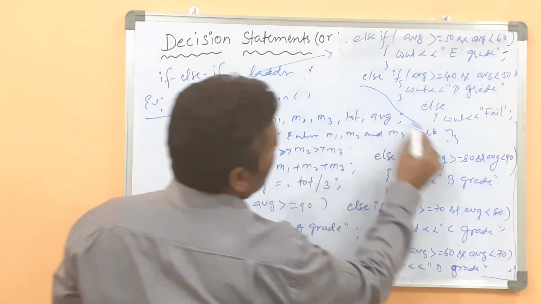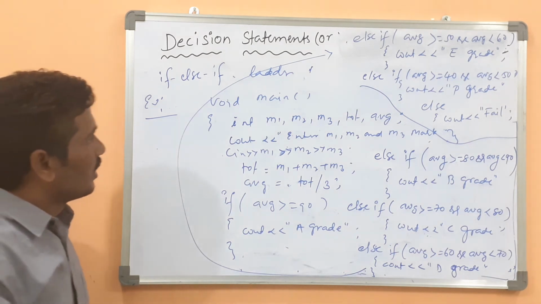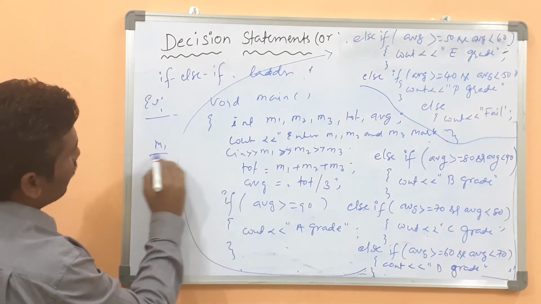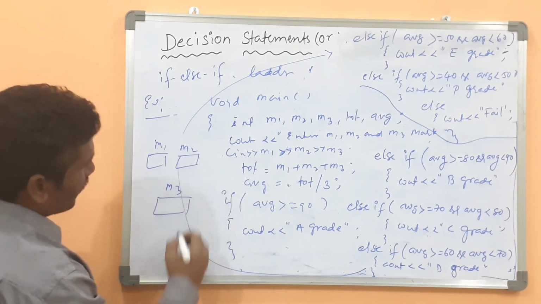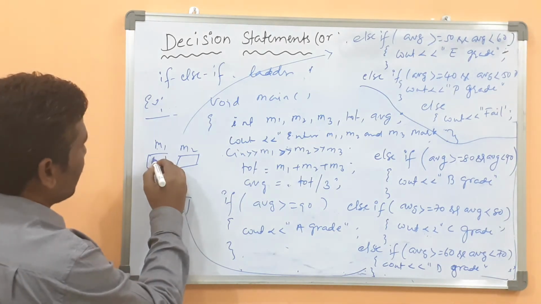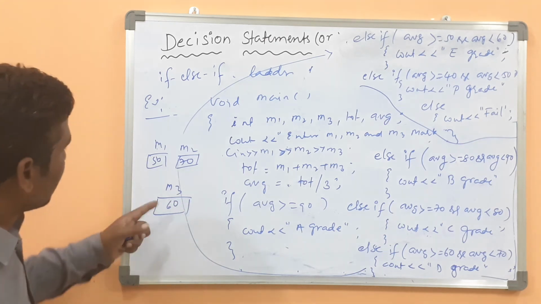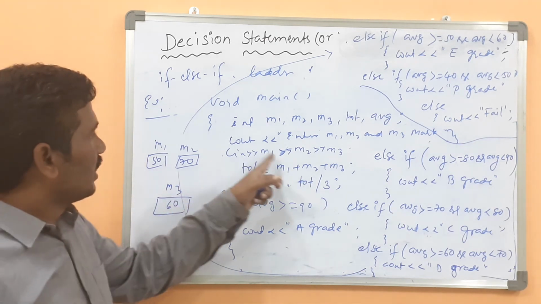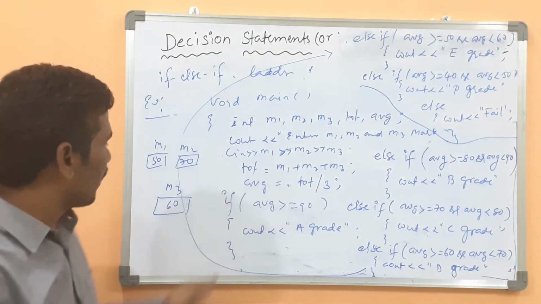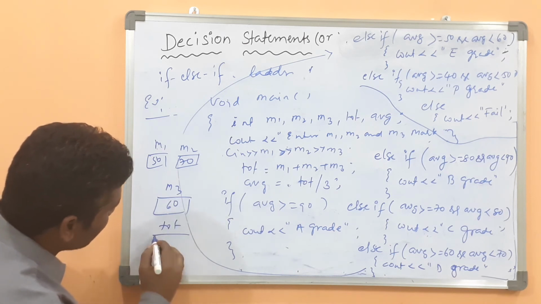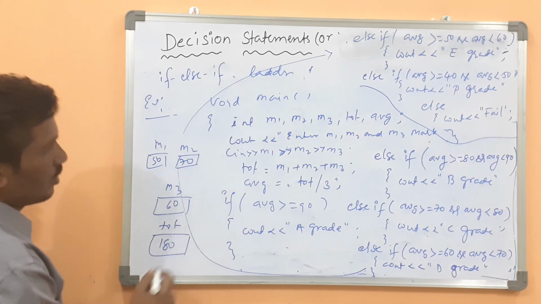This is a simple example of the else if ladder. For example, M1, M2, M3 are 50, 70, 60, which you read during runtime. Total equals 180.